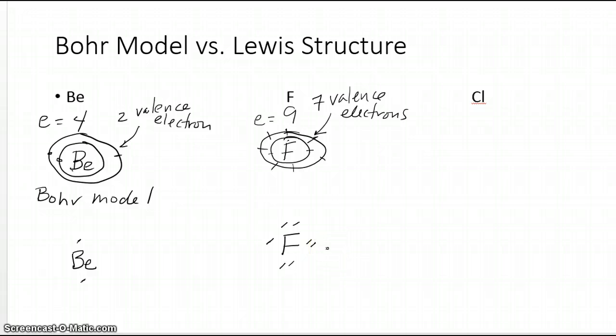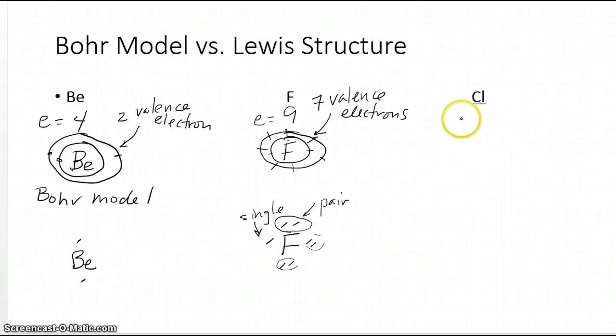So that is what the Lewis structure looks like for fluorine. You notice that you have these pairs of electrons: a pair here, a pair here, and a pair here. This one is a single electron. So this is telling us the site where this element can bond to get that other electron.